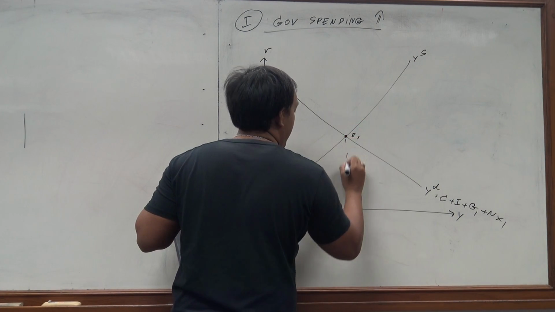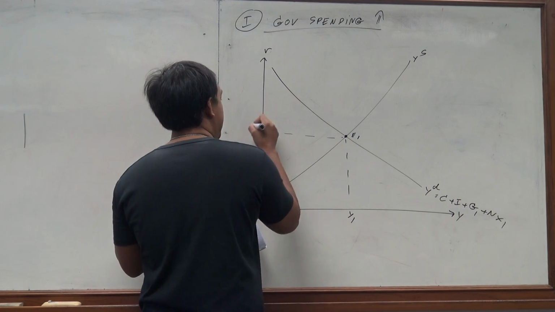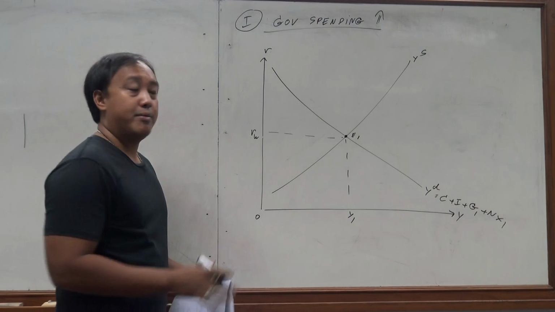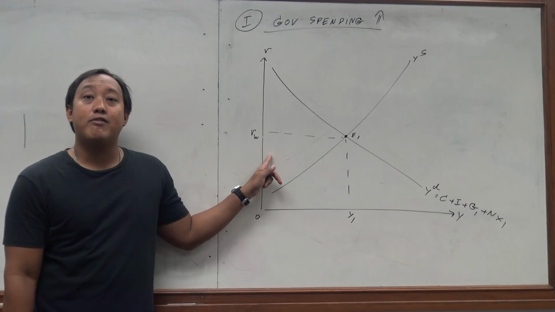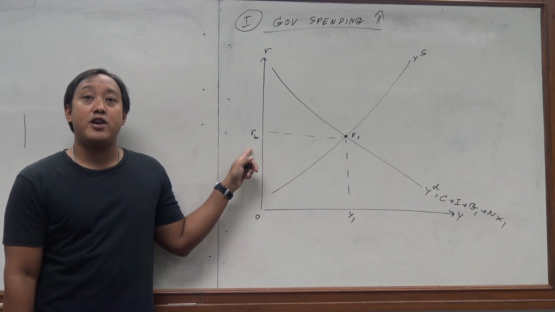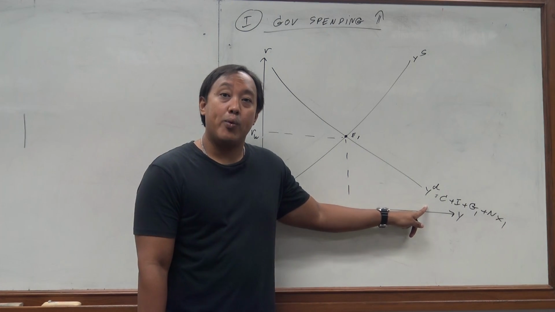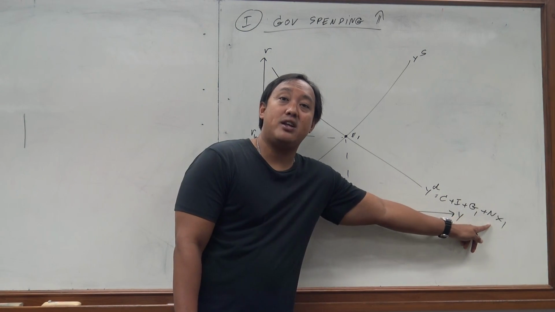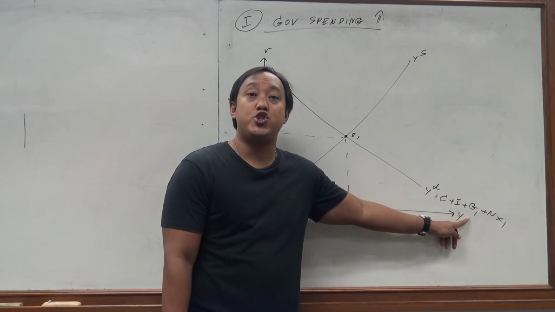This is E1, Y1, and RW is here. Okay, GDP is Y1, and the real interest rate of the world that we follow is RW. This is fixed because it depends on the world market. YD. This is an open economy. We already have NX in the equation, in the model. This is NX1. And I write out G1 because G is going to change.